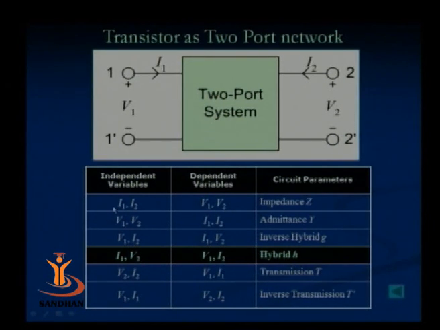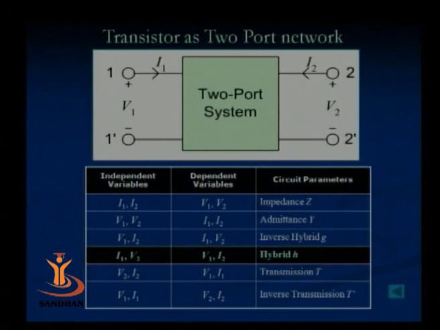If out of these four, I select I1 and V2 as the independent variables and V1 and I2 as the dependent variables, then the relations we obtain and the parameters we generate are called the hybrid or H parameters of the circuit.